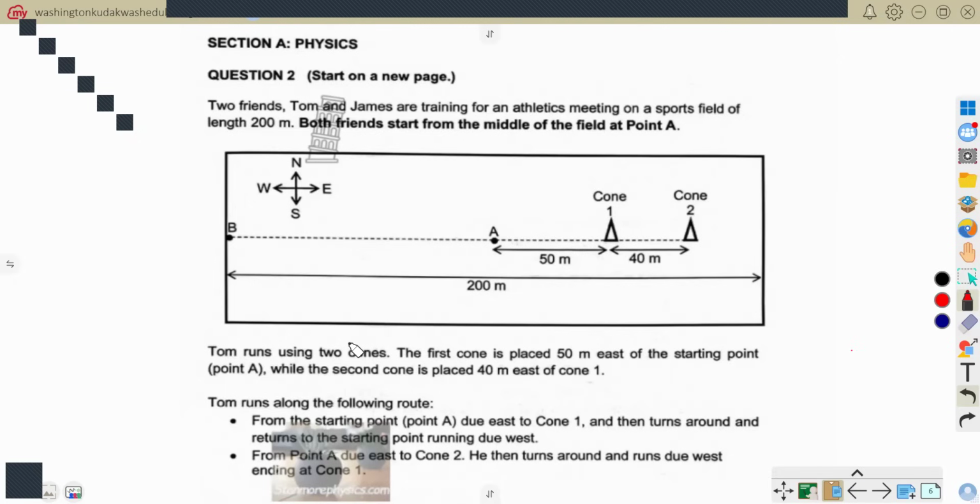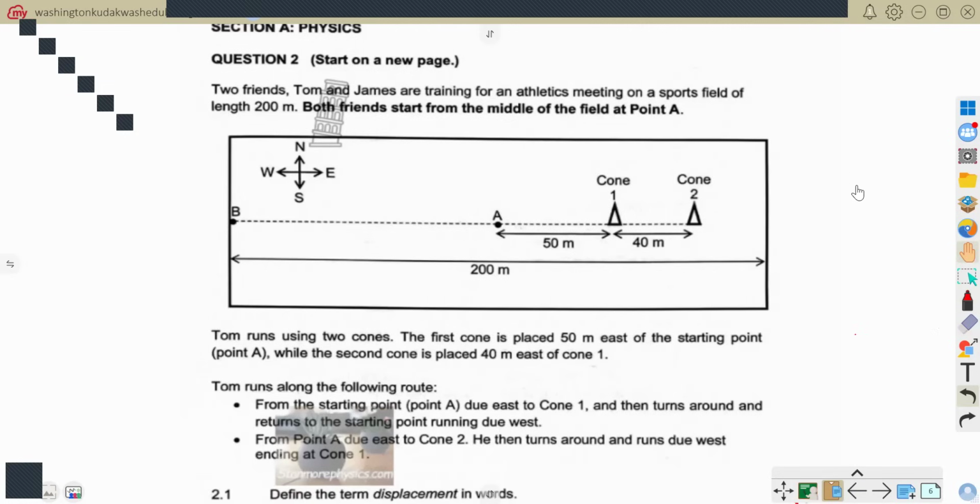Now they are saying Tom runs using cones. The first cone is placed 50 meters east of the starting point, while the second cone is placed 40 meters east of the first cone. So we can see that all this information is represented here. And now they are telling us that Tom runs along the following route.